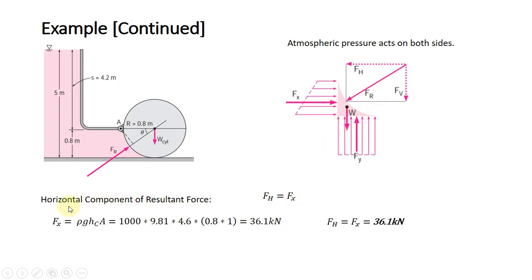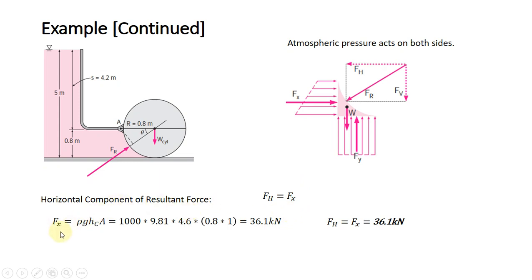So analyzing the horizontal component of the resultant force, we have Fh and Fx, and doing a force balance along the x direction, or in the horizontal direction, you will have Fh equal to Fx. So this is the x component of the resultant force, and this is the net horizontal force exerted by the pressure.